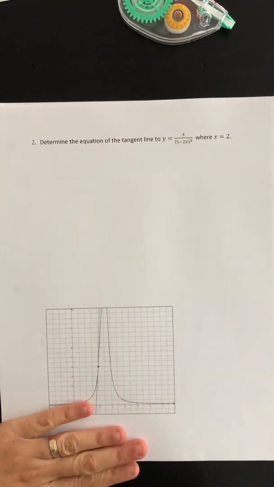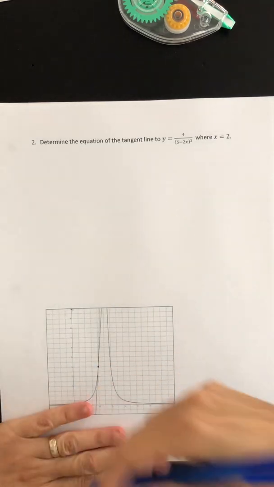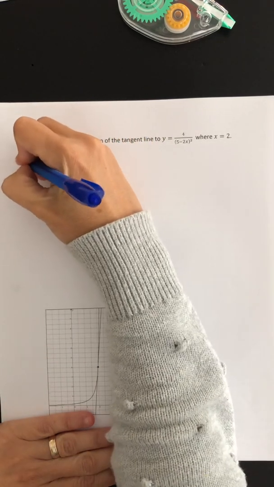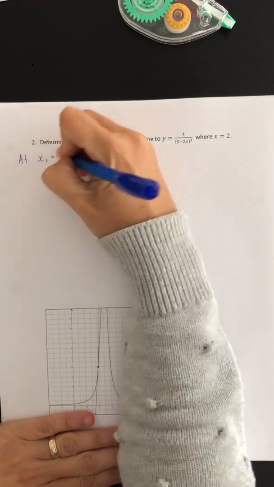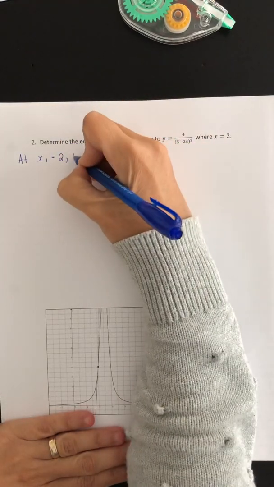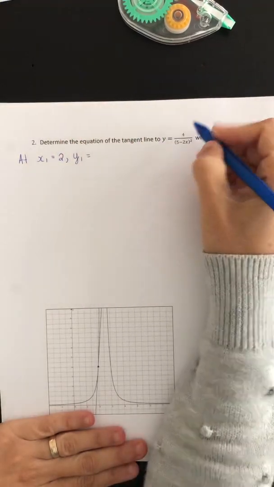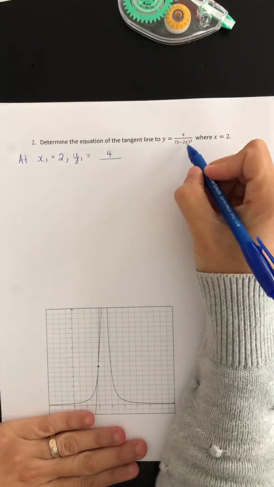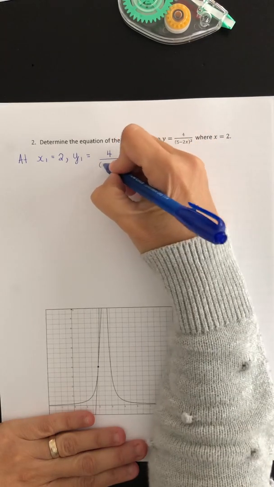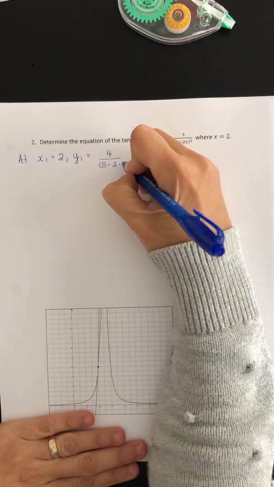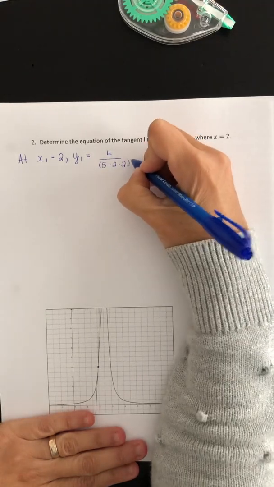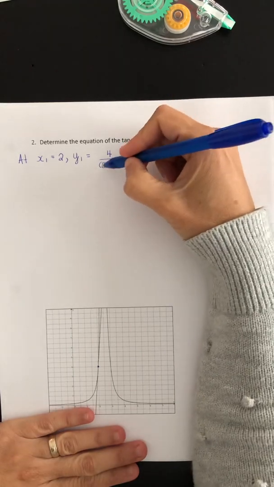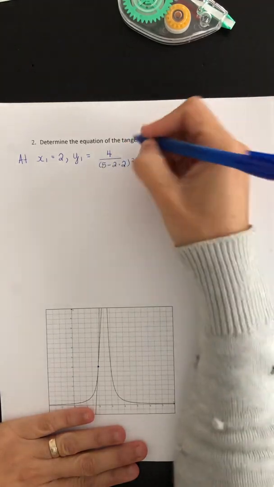So what we're going to do is find the y value that goes with it so that we have an ordered pair. Okay, so we can say when the x1 value is 2, what will y1 be? Well, it will be 4 over, in here we're substituting 2, so it's 5 minus 2 times 2 all squared, which in the denominator is 5 minus 4 or 1 squared.